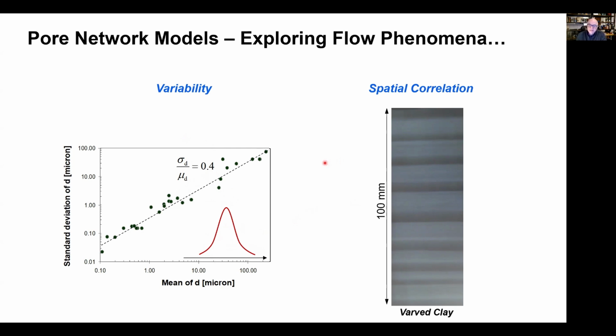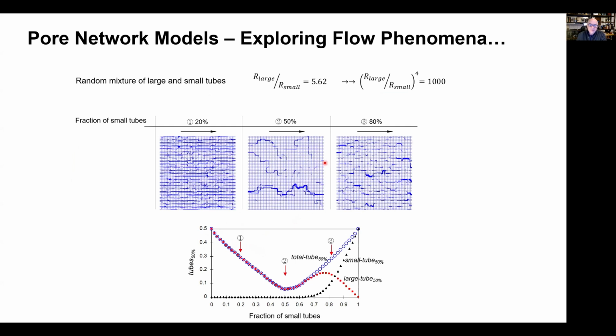And to show you briefly some of the results when we play with this, here it is. We are looking at different fractions of small tubes, and here it goes from 0 to 100. And we're asking the following question: how many tubes are responsible for 50% of the flow? If all the tubes are small, 50% of the tubes are responsible for 50% of the flow.